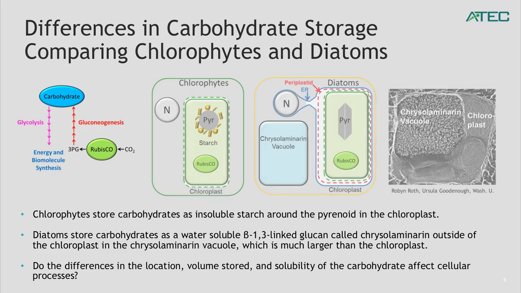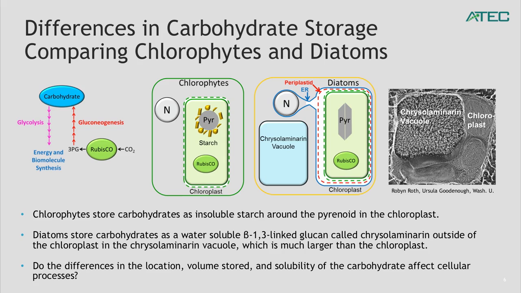So in the chlorophytes, they store their carbohydrates in the chloroplast. So they will take the 3-PG, perform gluconeogenesis, and they form insoluble starch, which surrounds a structure called the pyrenoid in the chloroplast. In diatoms, they export the carbon from the chloroplast into a special compartment called the chrysolaminarin vacuole.